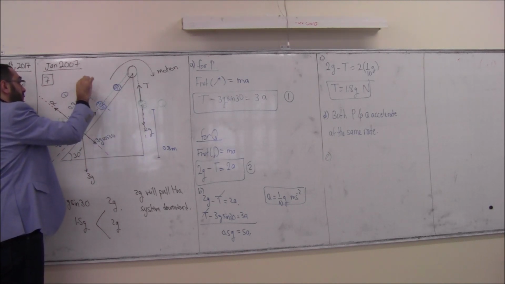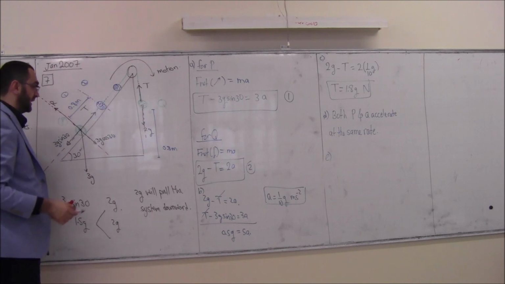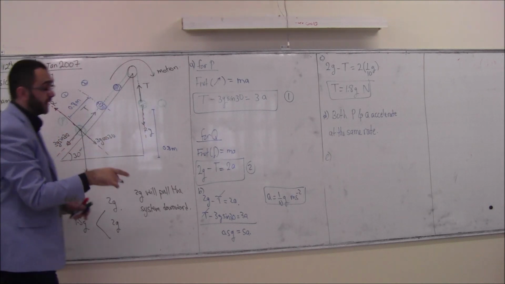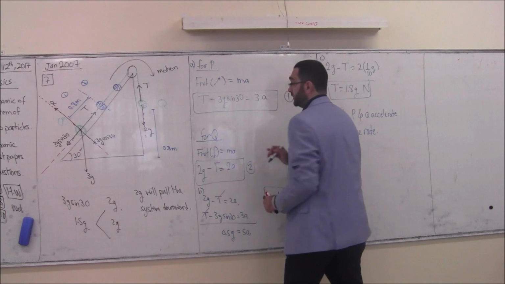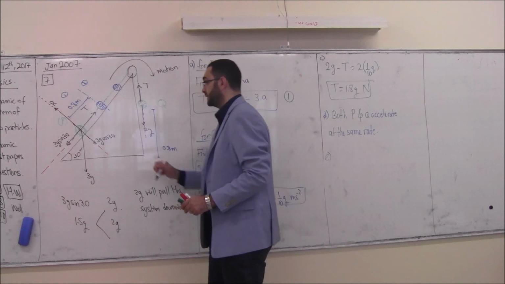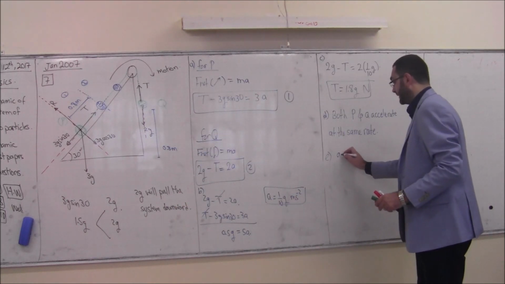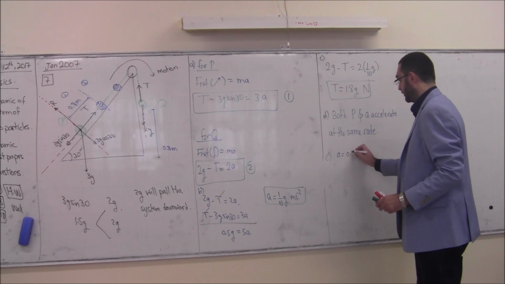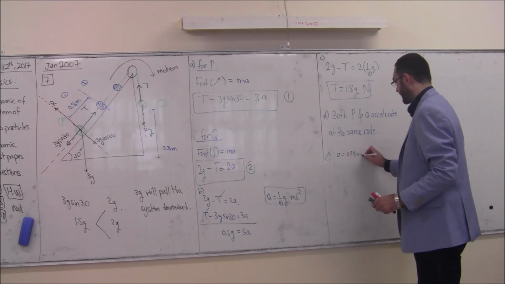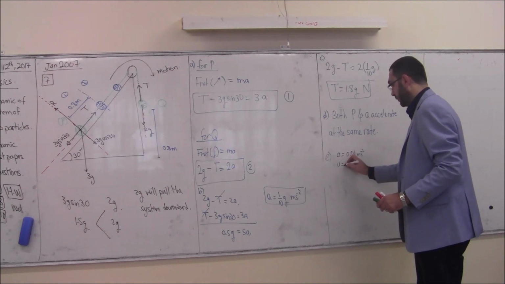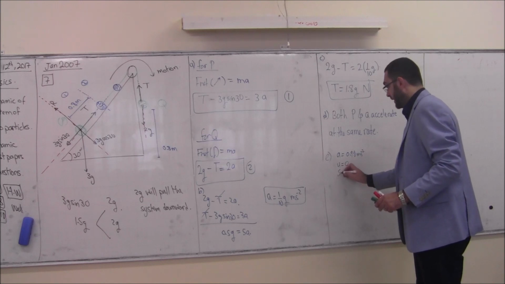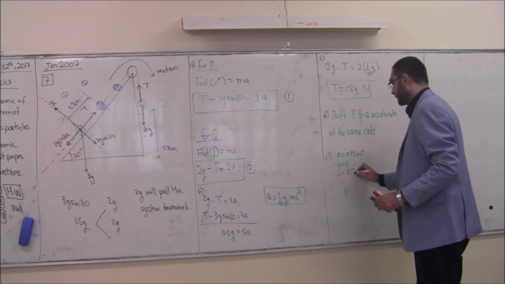Stage 1, stage 2. Here the string becomes slack. Anyway, let's find E. We need the speed before it hits the ground. A is 0.98 meters per second squared. U is 0, it's given in the question. S is 0.8.